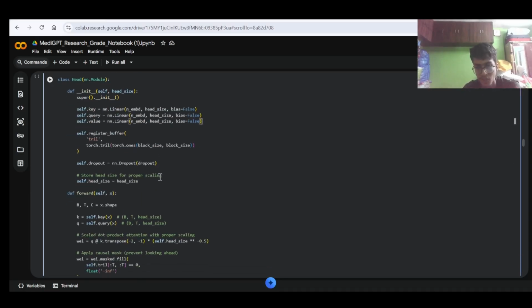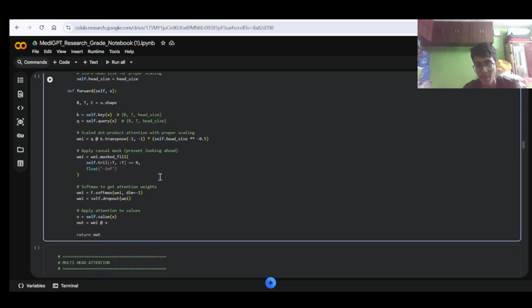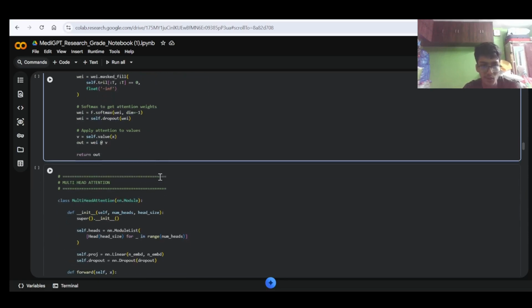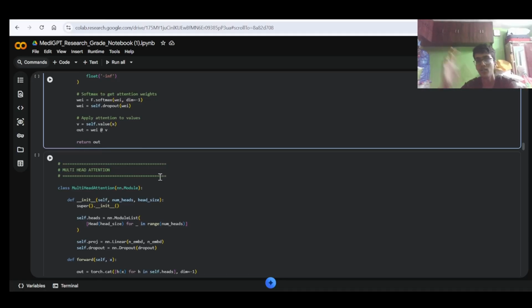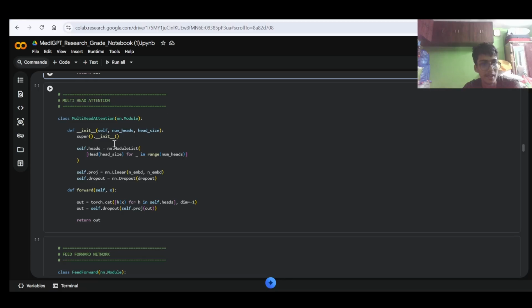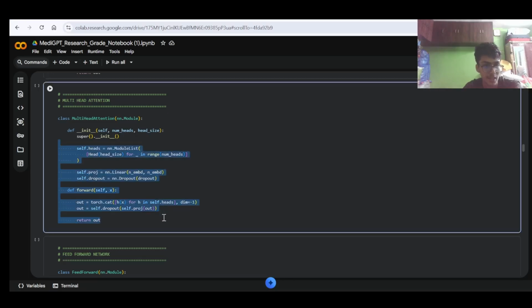So it will be the square root of the head dimension. The square root of head dimension is essential to reduce the values so that they don't get too large, which would make it difficult for the neural network to converge.